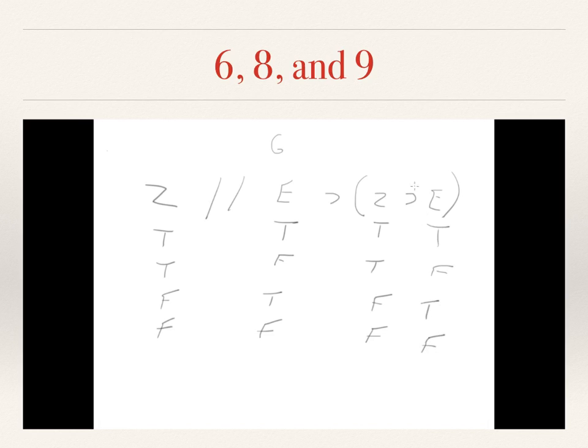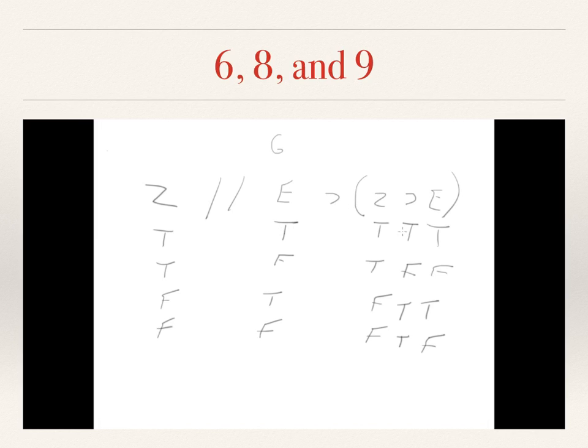So let's go back and figure out the truth value of this statement. That's an implication, and as we'll recall, it's only false when it's true implies false. So that makes this one true, this one false, true, and true. Now the main operator here is this horseshoe, so that's the one we ultimately want the truth values for.